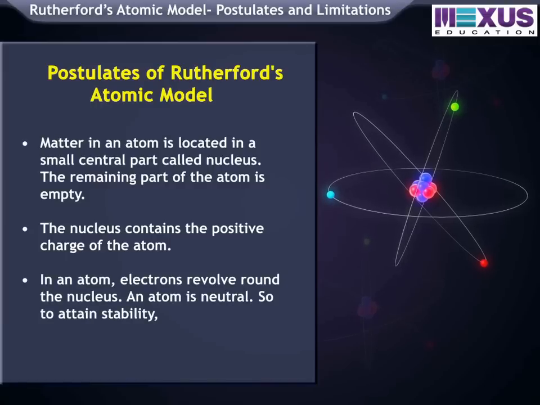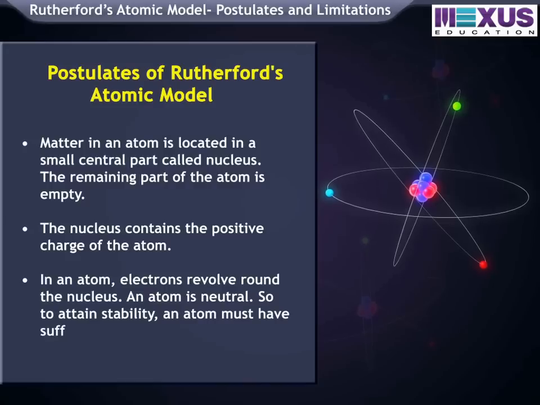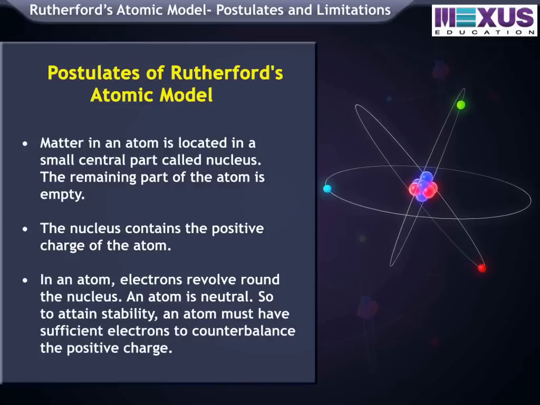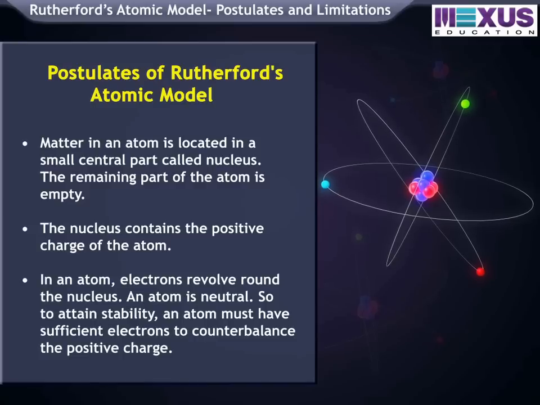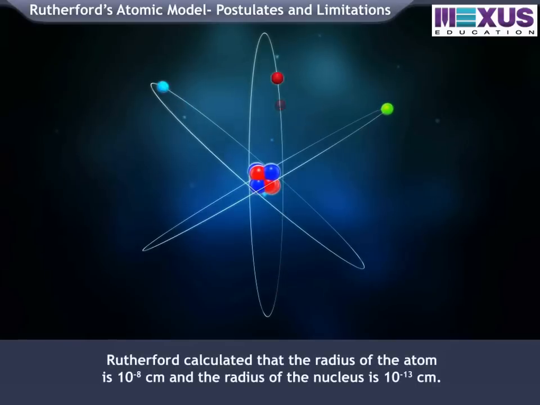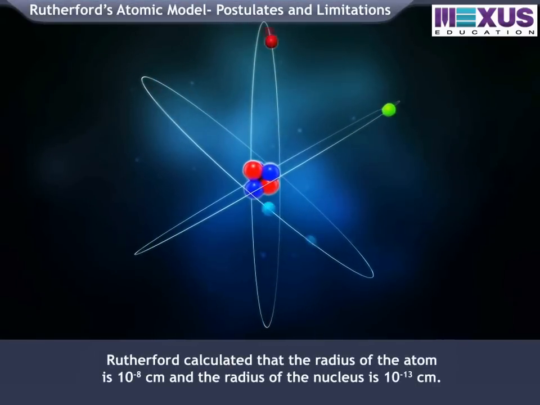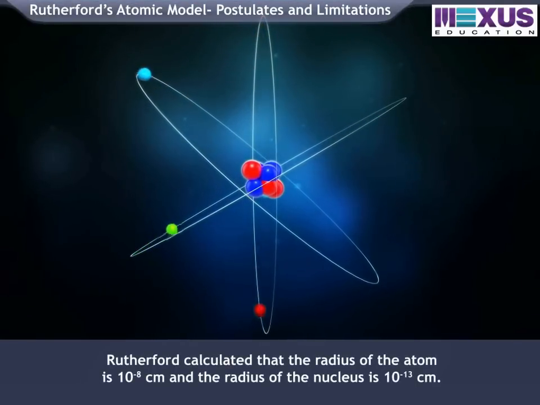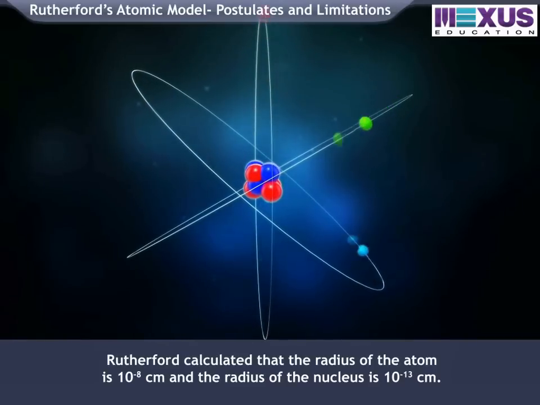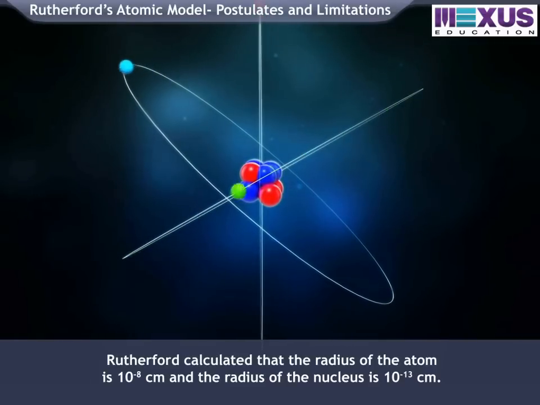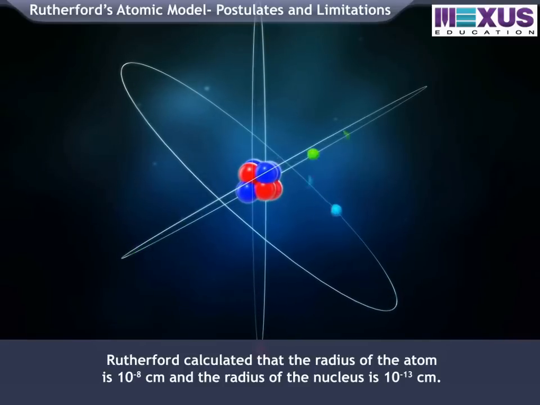So to attain stability, an atom must have sufficient electrons to counterbalance the positive charge. Rutherford calculated that the radius of the atom is 1/10^8 centimeter, and the radius of the nucleus is 1/10^13 centimeter.